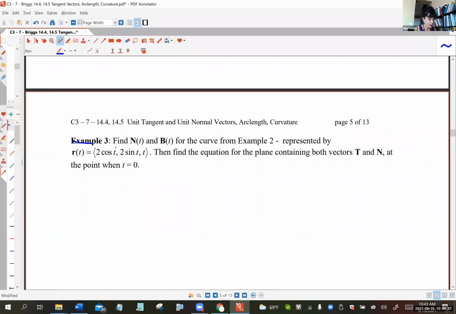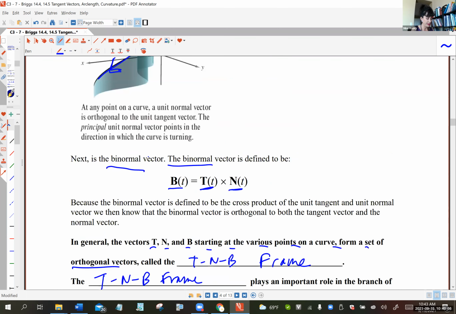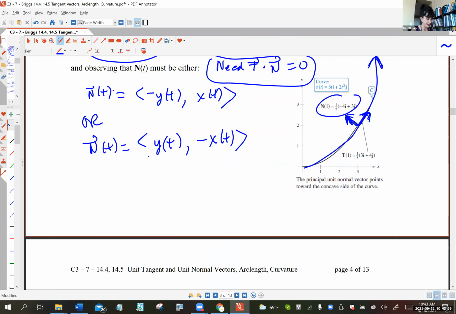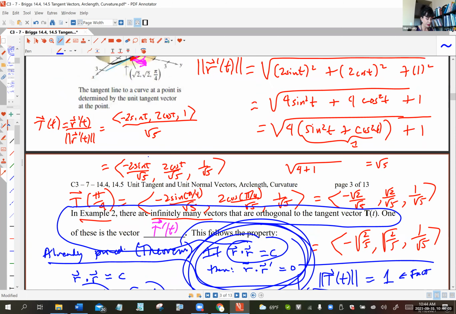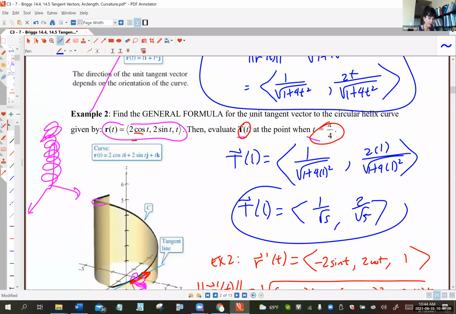Okay, so here's example 3. We're going to find big N, the principal unit normal vector, and big B, the binormal vector, for the curve from example 2 that we did already. That had this vector valued function r of t, 2 cos t, 2 sin t. So remember, in example 2 we found big T, the unit tangent vector.